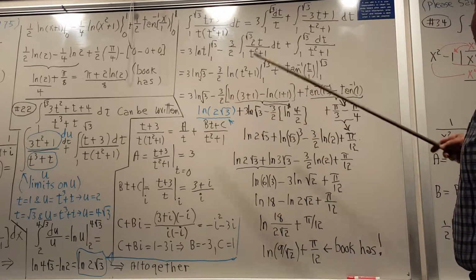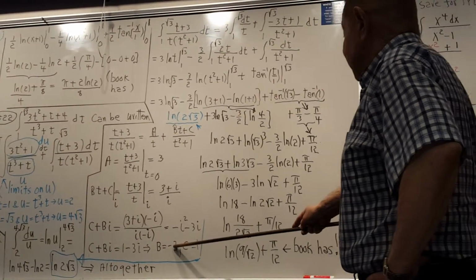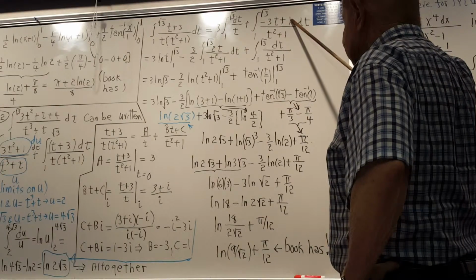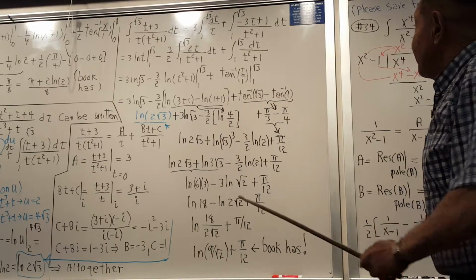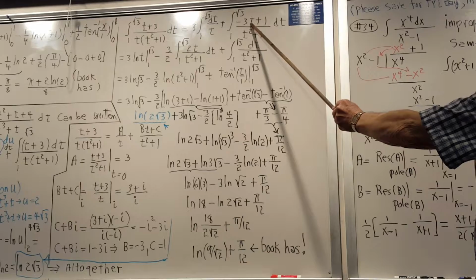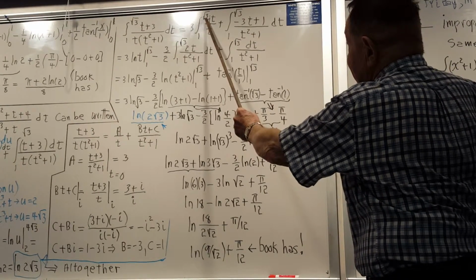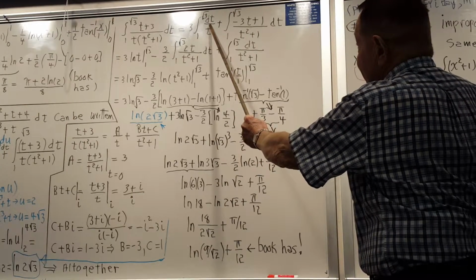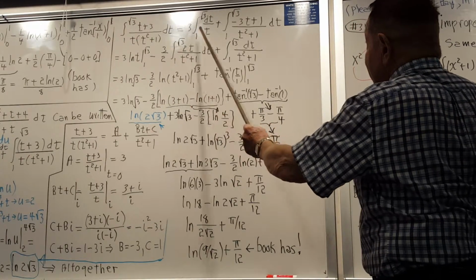And then what you're going to have is minus 3, the (bt plus c) over (t squared plus 1). And so this will split then into two integrals. So here with this one, you can see that's logarithm. So it's 3 log from 1 to root 3.